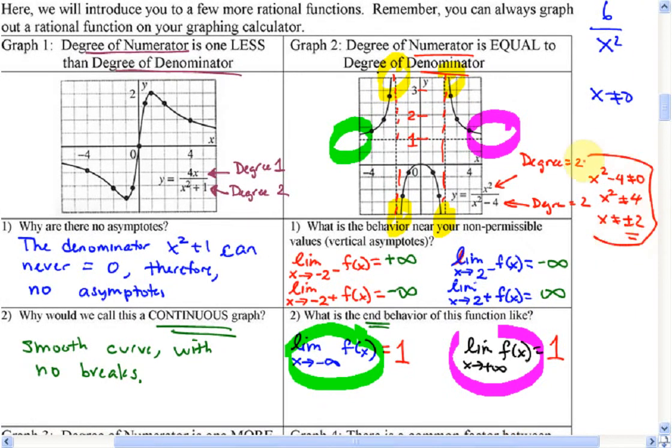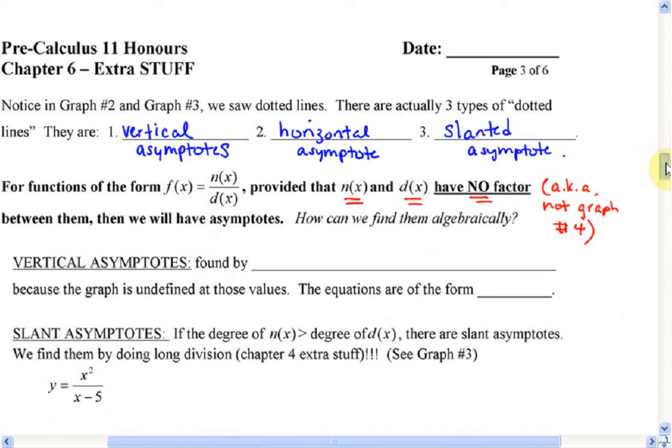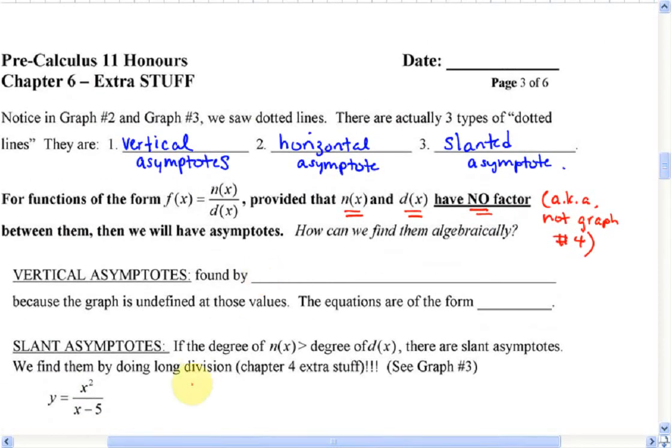What's that? Your NPVs. That's right. So to find the vertical asymptotes, all you need to do is find, or you found them by setting the denominator equal to 0 and then solving for x, okay?